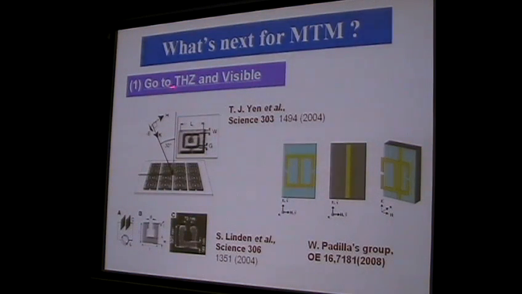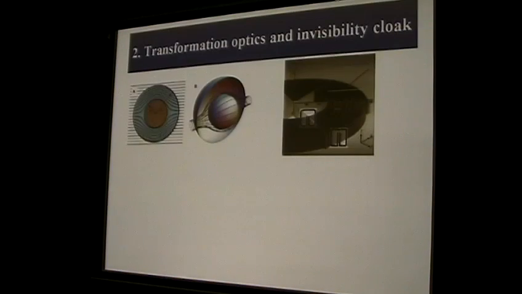The first is that some people go to high frequency, to the visible and terahertz, for example. This is Professor Padilla's group. The perfect absorber proposed by Padilla's group works at terahertz frequency, and some groups are working on optical frequency materials.